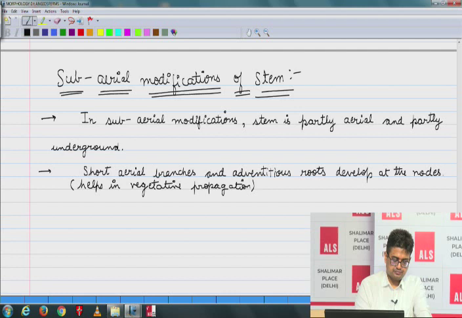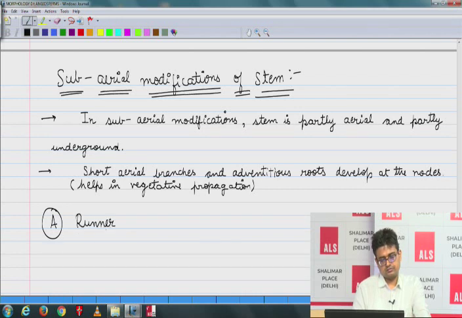Runner. First modification, subaerial modification, is runner. It is a creeping stem with long internodes.